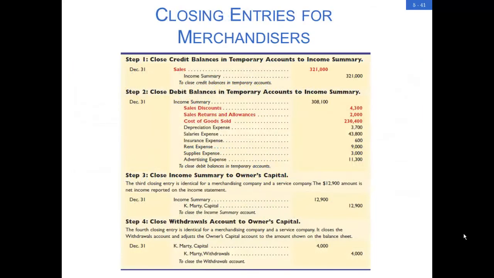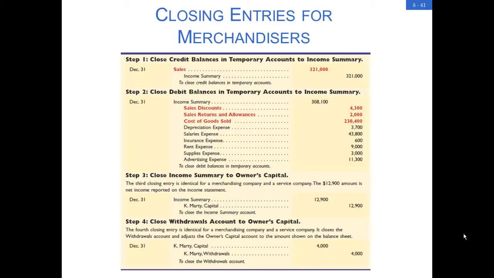Closing entries are similar for service companies and merchandising companies using a perpetual inventory system. The difference is that we must close some new temporary accounts that are arising from merchandising activities. Setmart has several temporary accounts unique to merchandisers: sales, sales discounts, sales returns and allowances, and cost of goods sold.